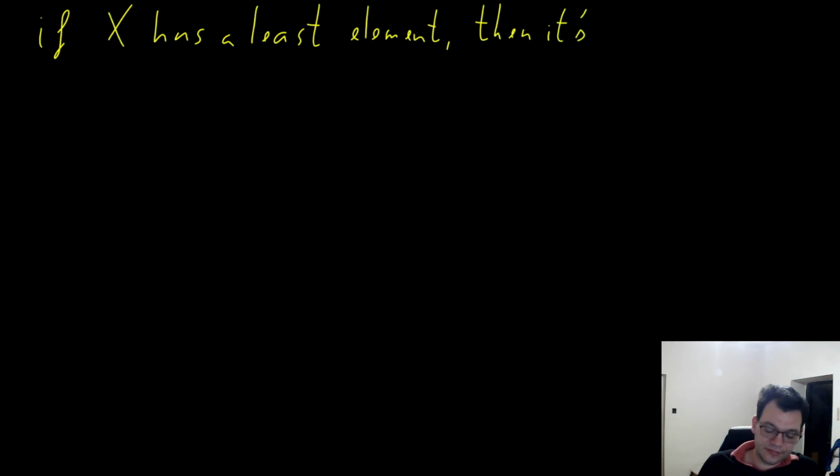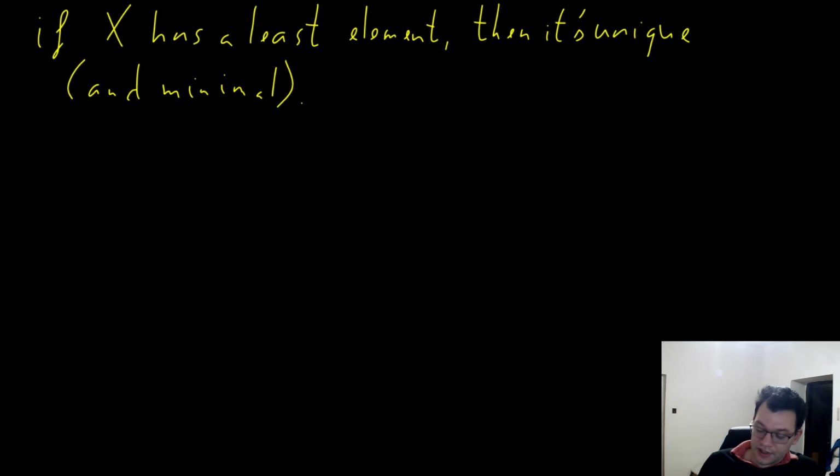If X has a least element, then it's unique. And of course it's also minimal. Now that's the statement, and in this subject we will prove our statements, almost all of them.